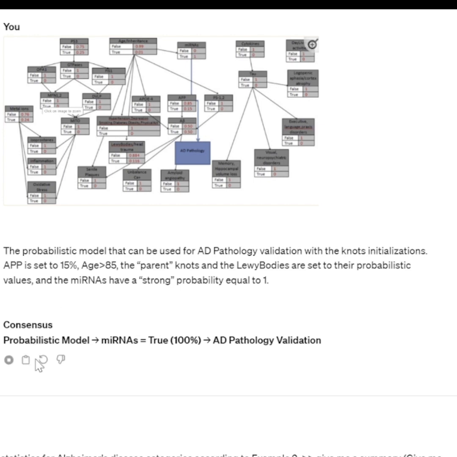In the probabilistic model, miRNA true gives 100% AD pathology validation.